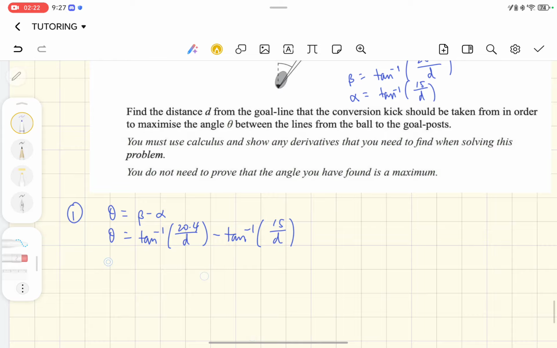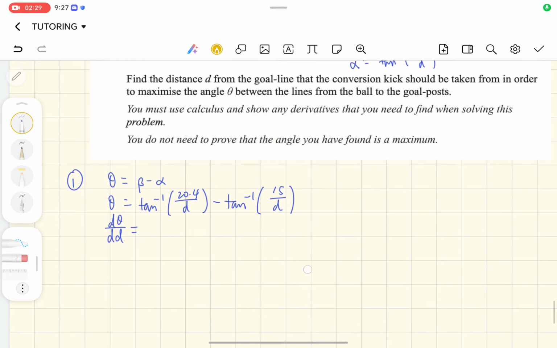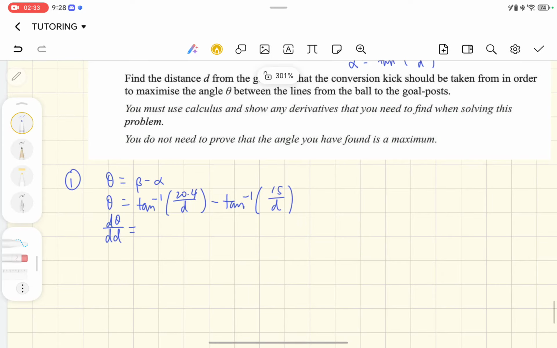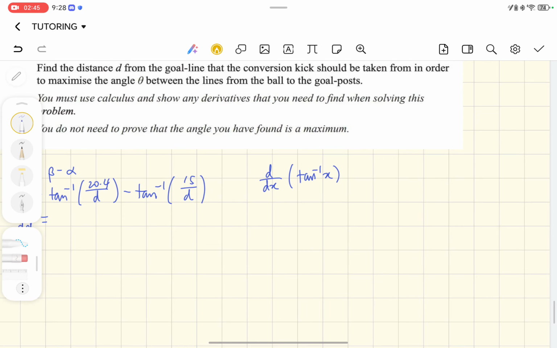Now we take the derivative of theta with respect to d, because we're working with theta and d. Let's first revise that the derivative of tan inverse of x with respect to x is equal to 1 over 1 plus x squared.